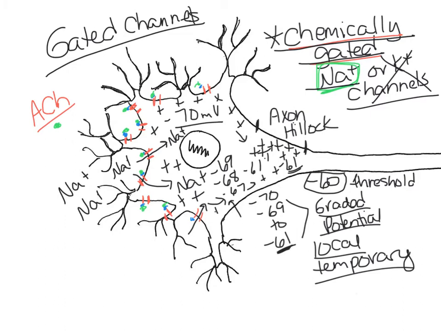And once you hit threshold, an action potential will occur no matter what. It's called the all or none principle. You hit -60 and that neuron will generate an action potential.